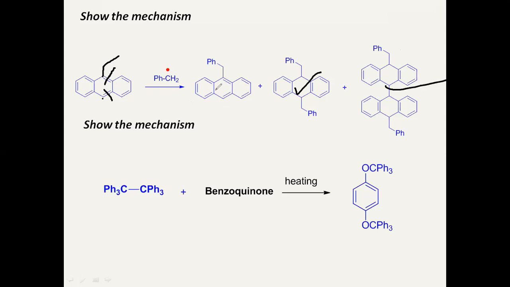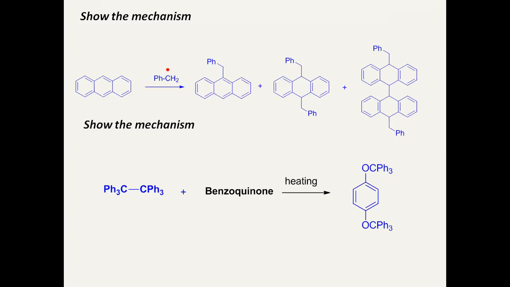How will this form? This will form by a very simple method. First of all, this bond will break and the radical will connect, and this radical will take hydrogen from the solvent. We use such a solvent which provides the hydrogen. So these two mechanisms are very easy to write.